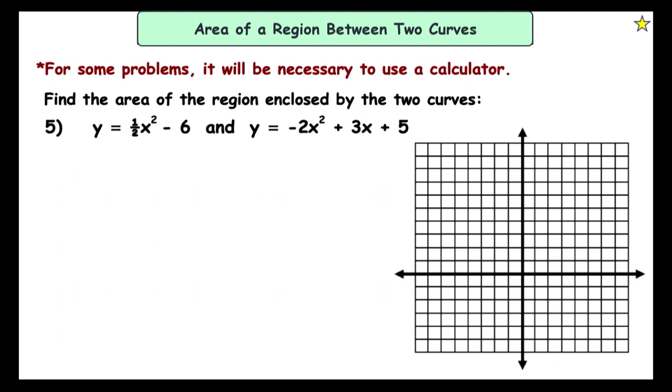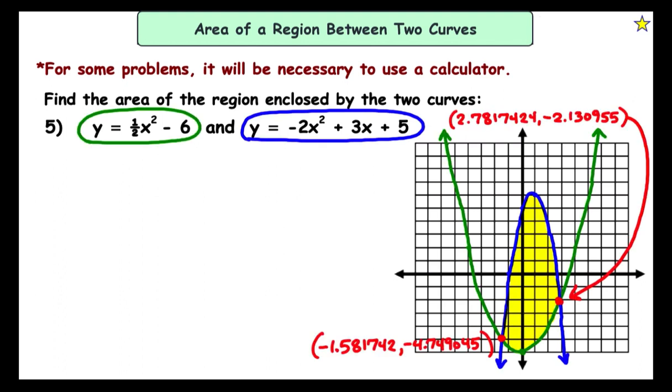So far I've done a lot of my work without a calculator, but sometimes you just have to have one. Normally you'll have a calculator for this, and sometimes the curves just don't cross at a good spot, like here. Check out these ugly points of intersection. Okay, so you do second calc intersect, and again, our answer needs to be correct to 3 decimal places, so it's important to stay super accurate with your points of intersection, because you're going to be using those to integrate with.